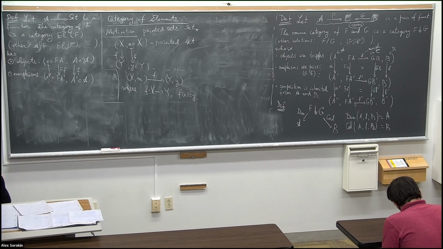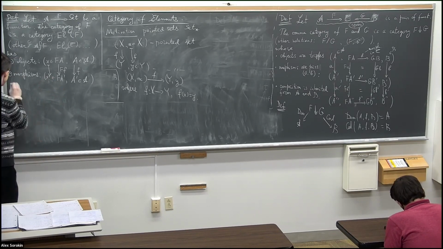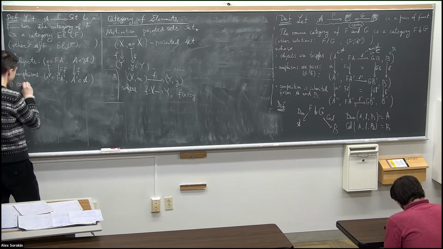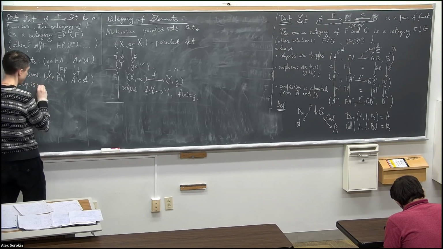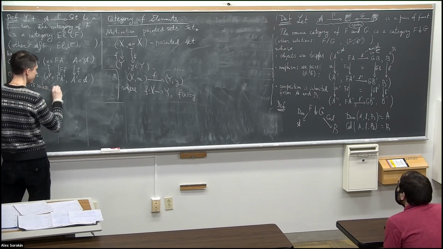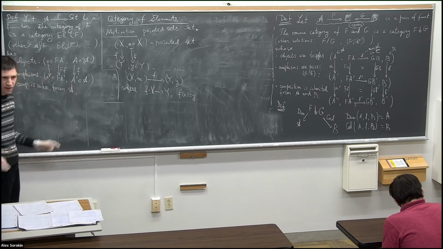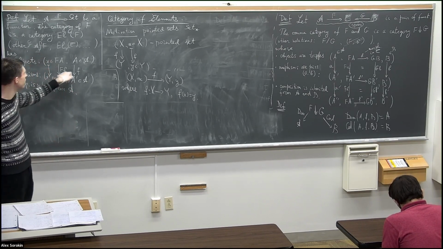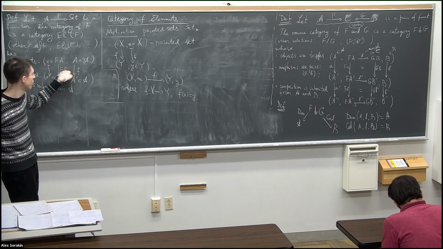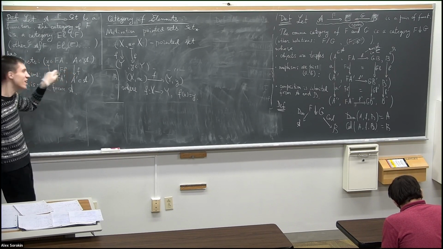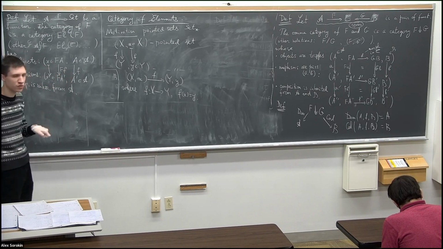Nothing more. Composition is inherited from category A. Again, I will emphasize that a morphism is given just by one morphism in A, such that it brings x to x prime.